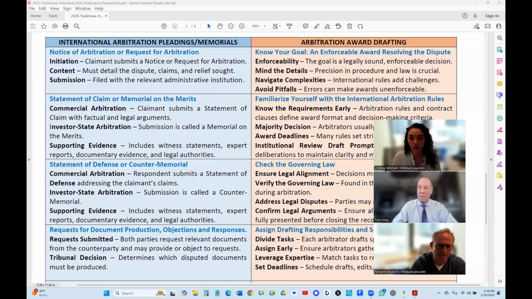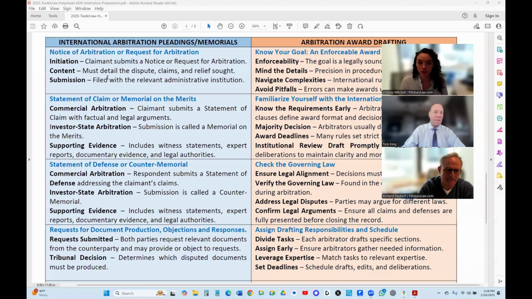Yes. So the initial pleading that sparks the entire process is this notice or request. And it's going to have to include the key details of the dispute, the parties who are involved, and any factual basis for the claim.